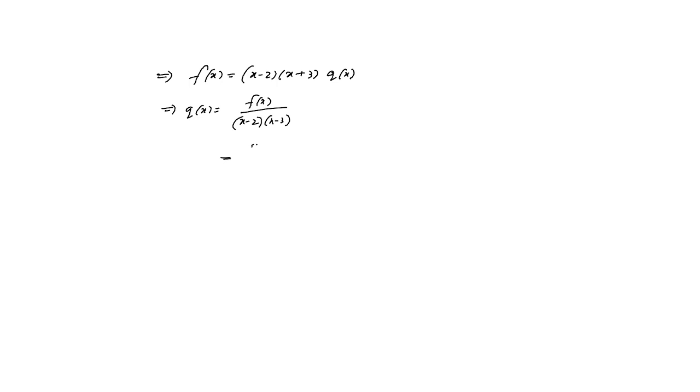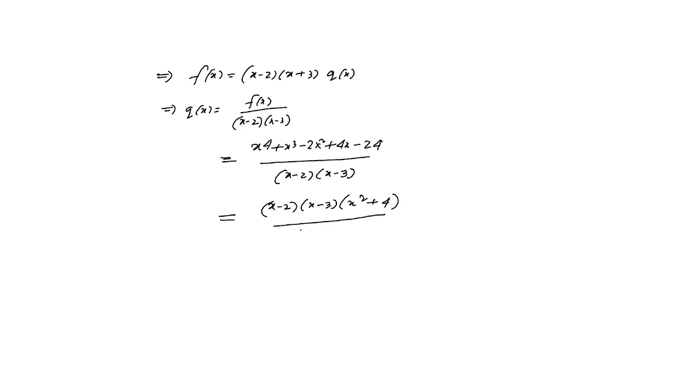What is our f(x)? x to the power 4 plus x cube minus 2x square plus 4x minus 24, divided by x minus 2 into x plus 3. The remaining part is x square plus 4, as the factors cancel out. So q(x) is x square plus 4.